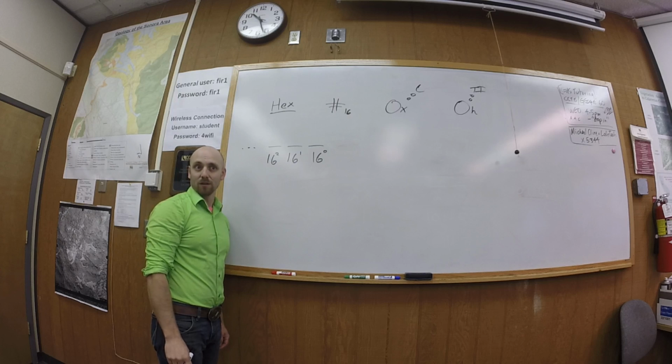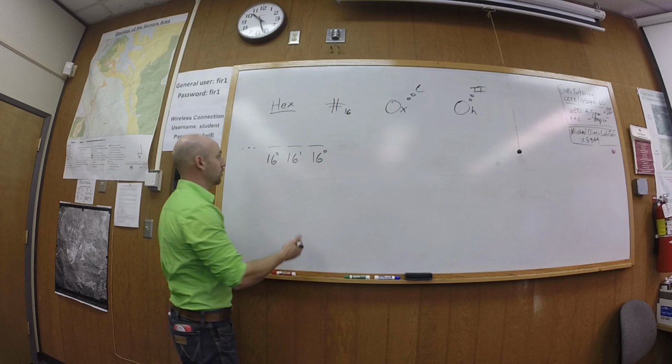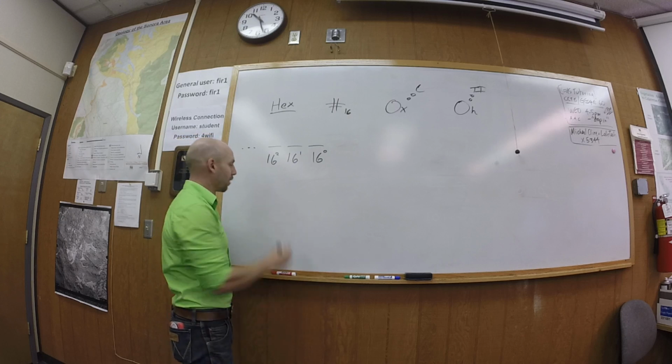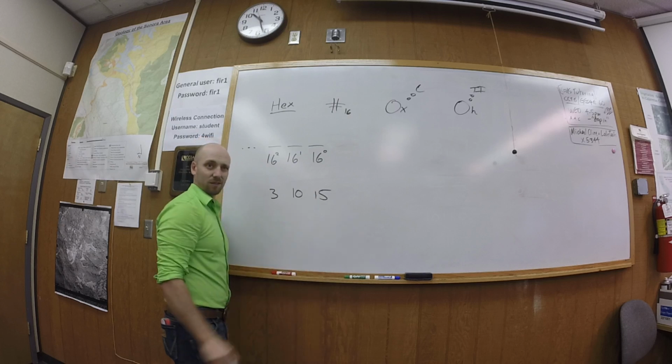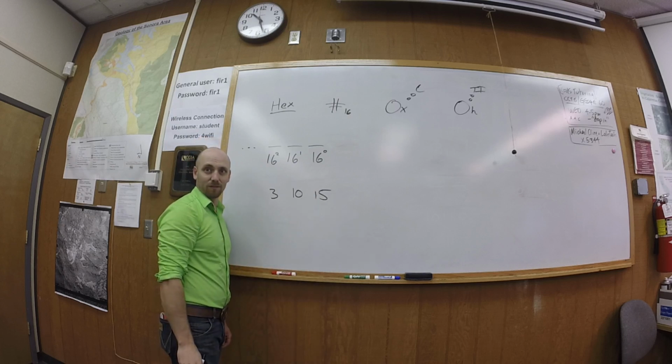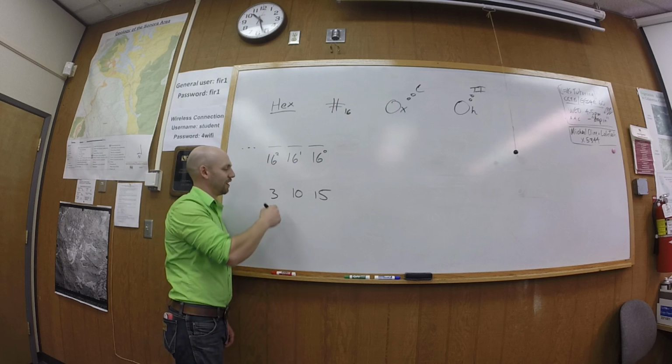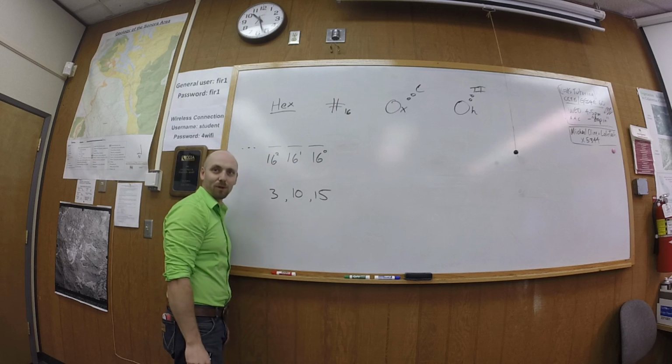You need more symbols. Why do you need more symbols? You've got 0 to 9. Yeah, but why can't you just write like 3, 10, 15? Because 10 takes up two digit spaces. If you put commas or something, maybe you could do this, and it would be fine.